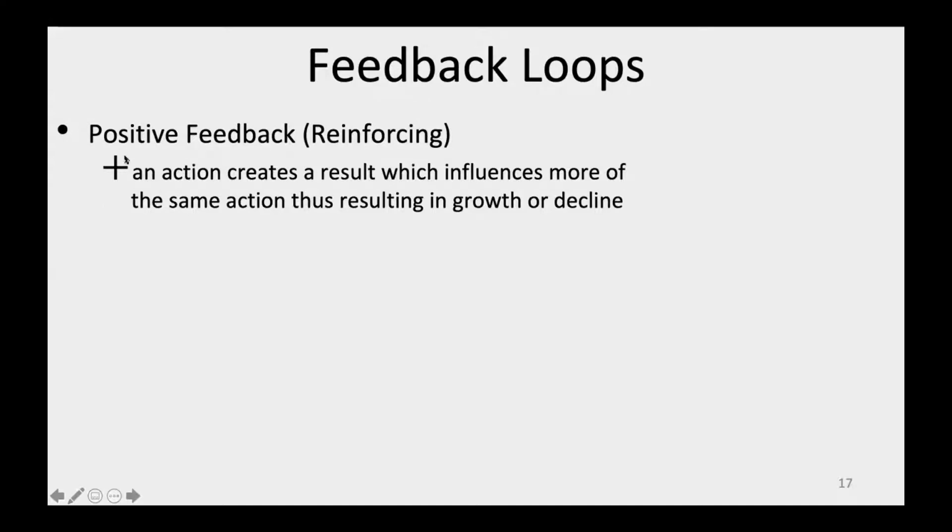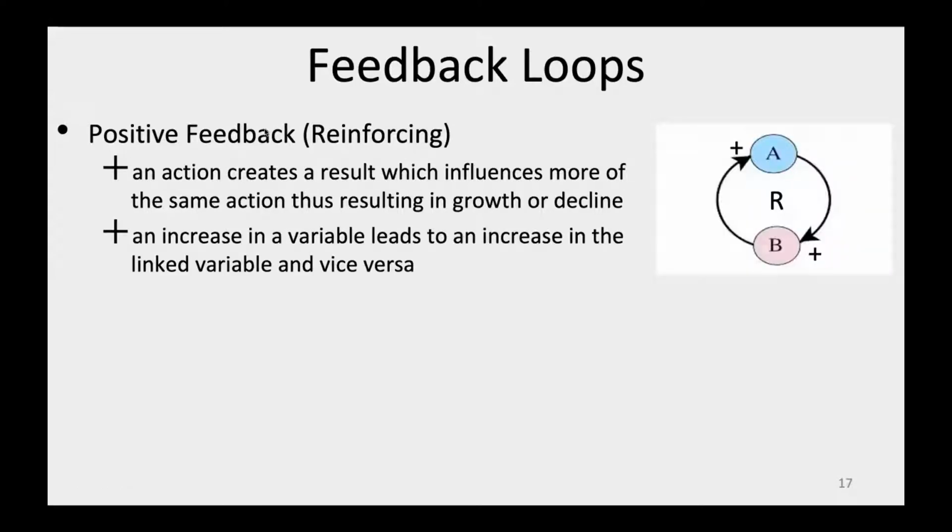A plus sign is an indication of positive, where an action creates a result that influences more of the same action. And I know I probably better explain it over a diagram, which means if A increases, B increases, and if B increases, A increases. It's like an escalation, or compounding growth. You have better examples, Tim, so help me out.